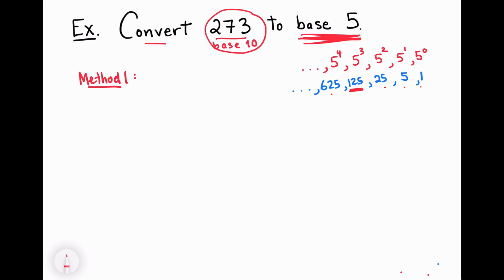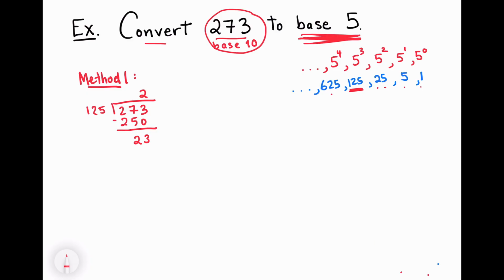So I ask how many copies of 125 can I fit inside of 273? I'm going to divide. 125 does not go into 2 or 27, but it goes into 273 twice. 2 times 125 is 250, and then I subtract, and there's nothing to bring down, so this is my remainder.